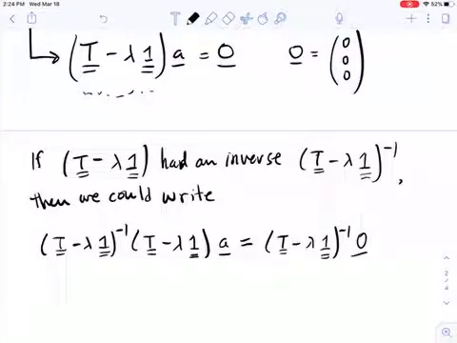So we just multiply both the left and right hand sides by this inverse.